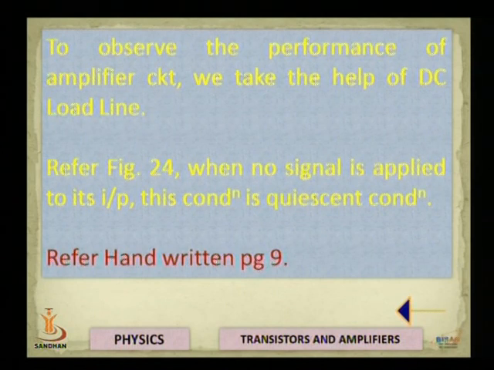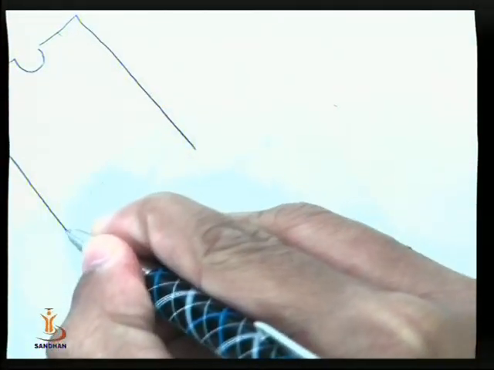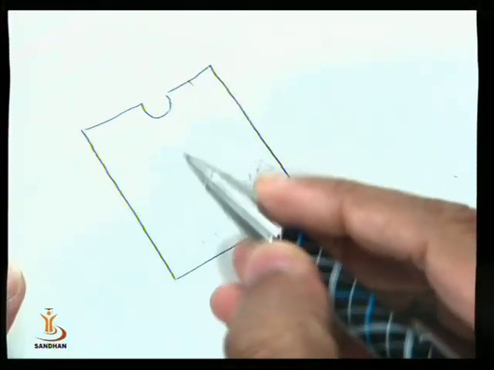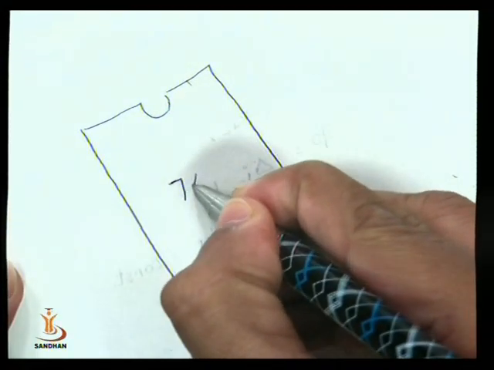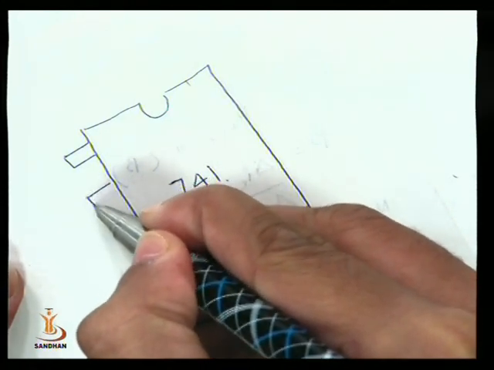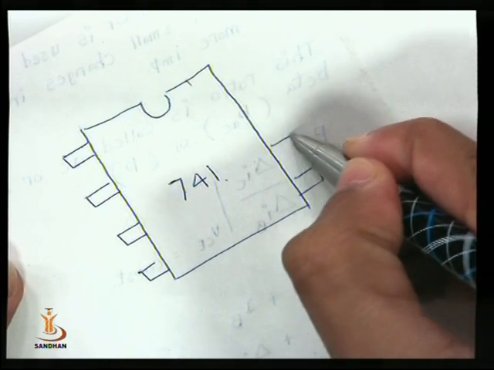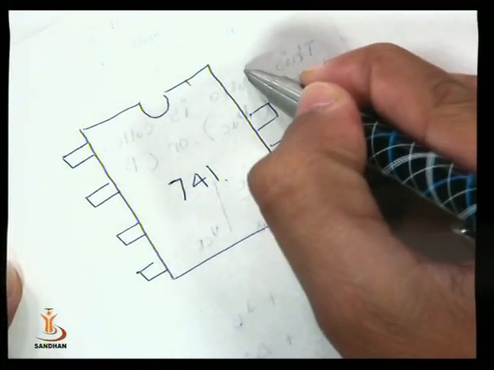See, here I am going to show you the pin configuration of the given op-amp IC. As I told you, we are having IC 741. We are having total 8 legs, 1, 2, 3, 4, 5, 6, 7 and 8.